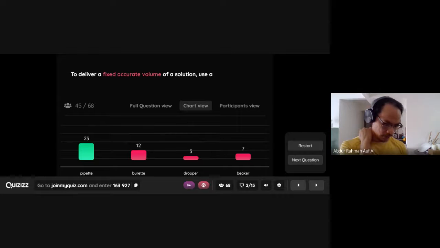Yang last week, one of you corrected me. I forgot the name already. Ada volumetric pipette, the ones yang just the glassware hanyalah straightforward. Satu lagi apa benda? Forgot the name. Types of pipette. Graduated and no, not this one.